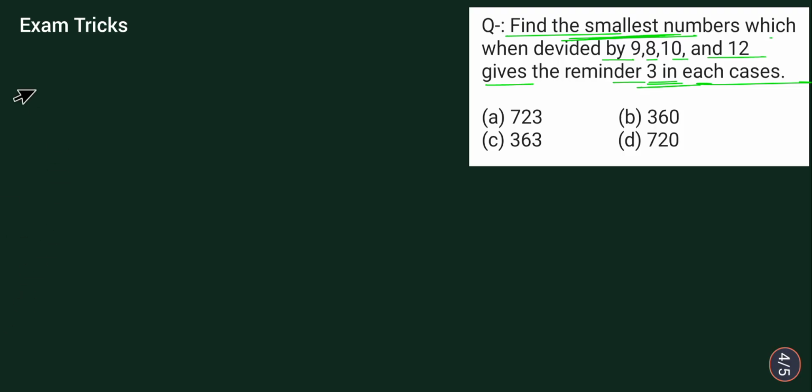Let's say method 1. The smallest number n is equal to the LCM of the given numbers, that is 9, 8, 10 and 12, plus whatever the remainder is in each case. In all four cases the remainder is 3, right? So n is the LCM plus 3.